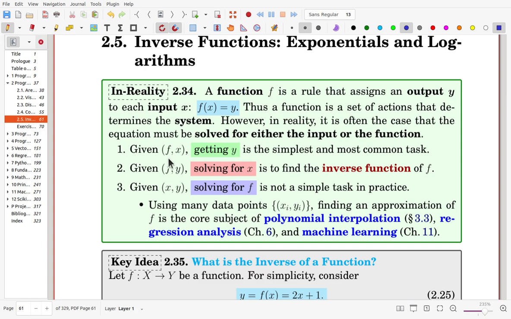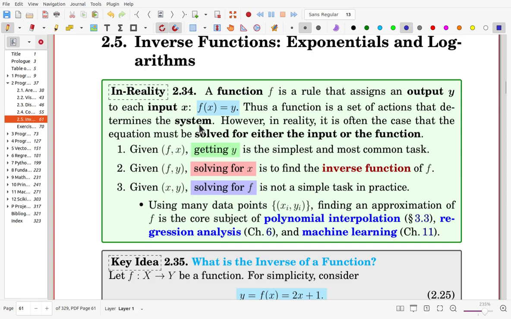Once f and x are given, then we have to get y. Getting y is the simplest and most common task in the world. If f and y are given, then we have to find x. Solving for x is to find the inverse operation of f.